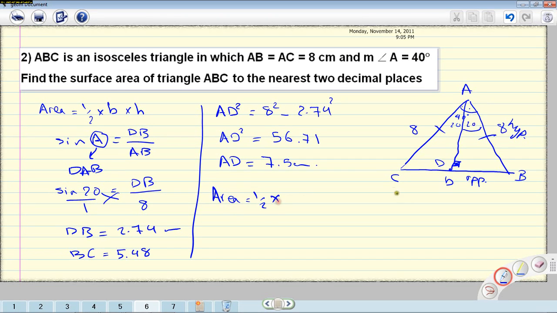Half times, and the base, we say that the base is BC, it's 5.48 times 7.5, so the area equals 20.57 centimeters squared, or not centimeters squared, because we don't have centimeters. Yes, we have centimeters, so I'm gonna write here centimeters squared.